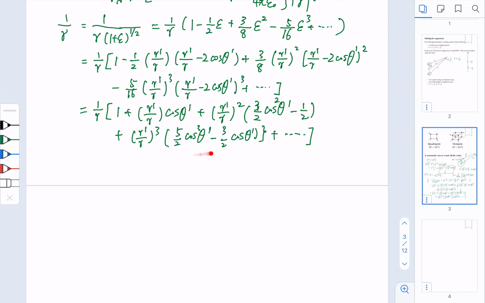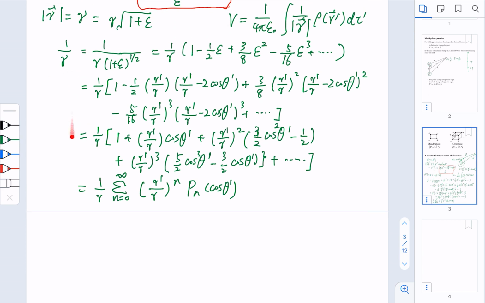And this term is P3 cosine theta. So it seems all like magic, and if you don't believe me, you can go to fourth order, and the result is actually extremely simple and compact. So the nth order coefficient should simply be Pn cosine theta prime.